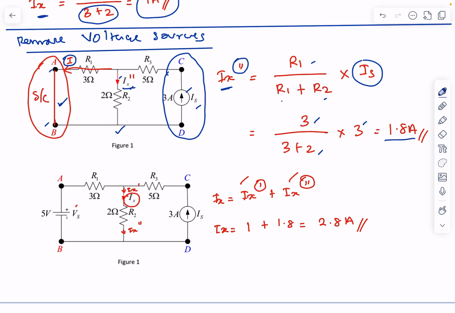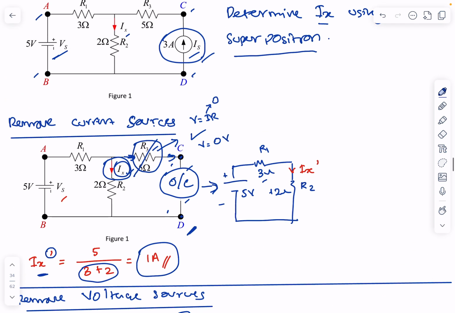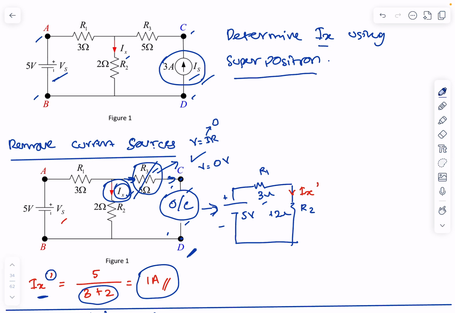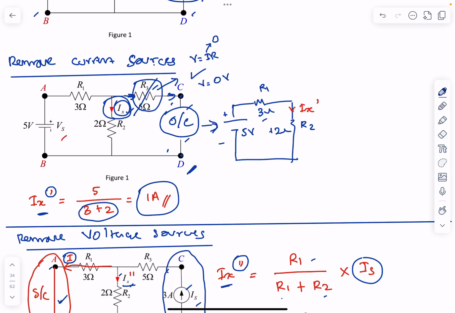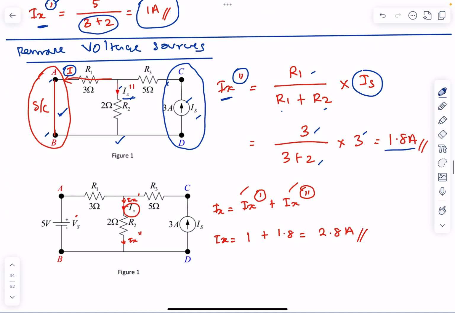We know that in the original diagram you have two energy sources. First you eliminate the current source, giving Ix single prime. Then you remove the voltage source, and label that Ix double prime.